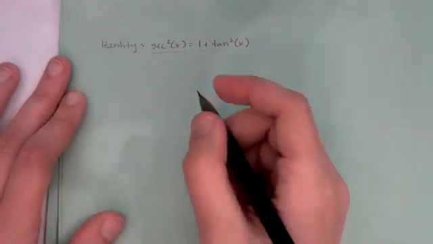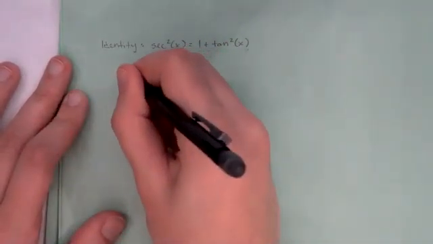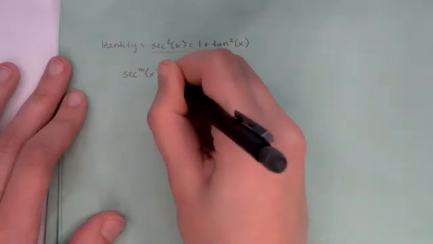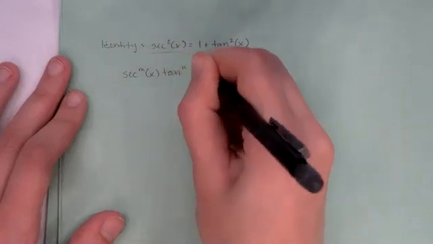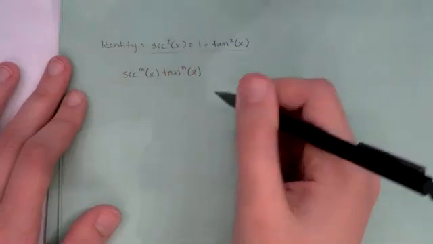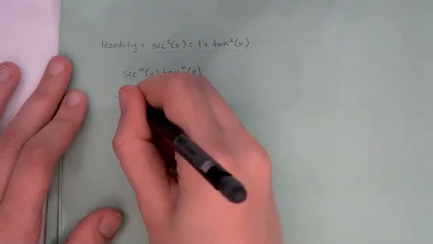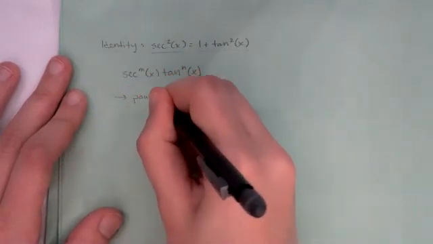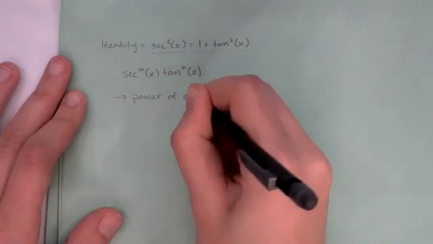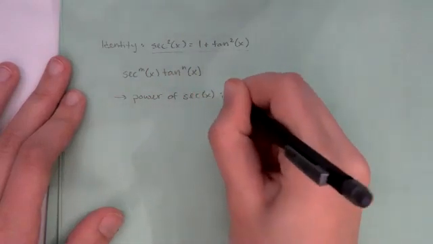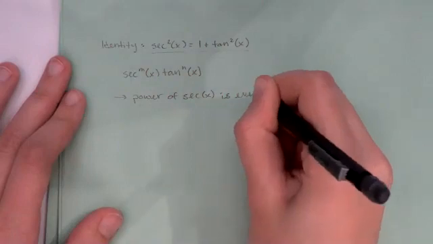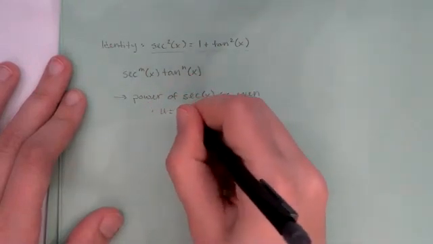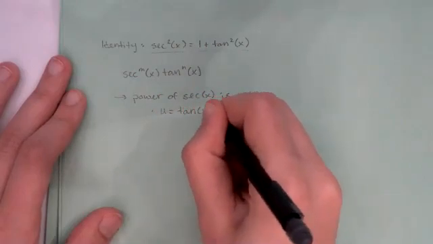But again, if you have a similar situation where you have secant to the m of x times tangent to the n of x, or along those lines, if the power of secant is even, you're going to want to use a U substitution where u is tangent of x.